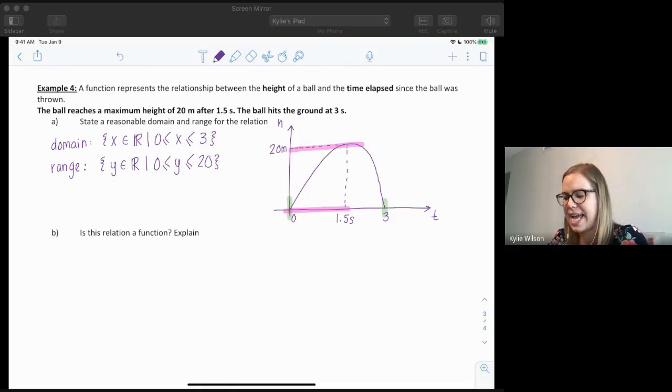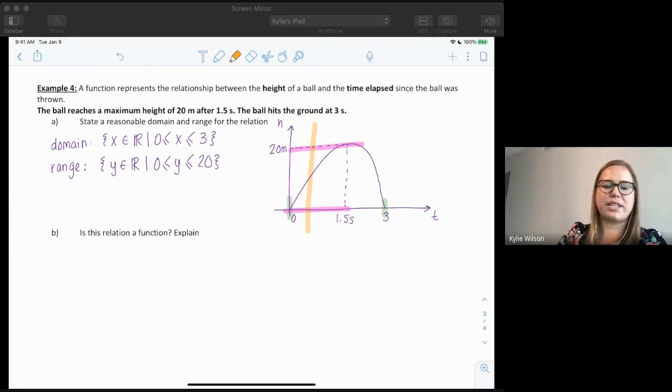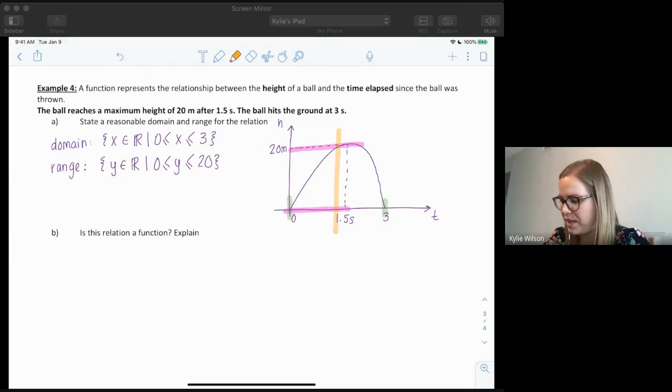Okay, and now for B, we're going to go back to lesson 1. And it says, is this a function? So what we're going to do is our vertical line test that we were doing way back when. So I'm going to draw a vertical line, and I want you to picture it sweeping across the whole thing. At any point, is my orange line going to touch the curve twice?